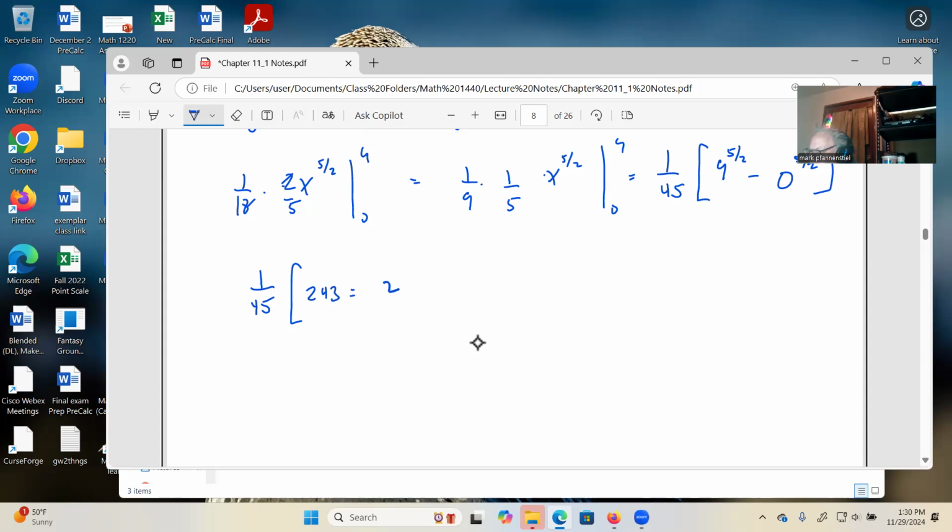And this is going to be 243 over 45, minus 0. 0 to the 5 halves doesn't really matter. So we're just going to have 243 over 45, equals, and we'll just go ahead and hit that, and we'll say this is 27/5.